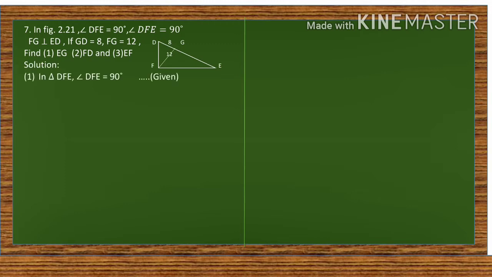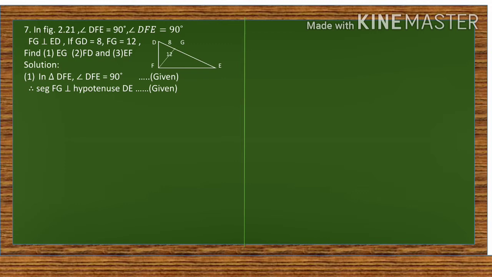Here in triangle DFE, angle F is equal to 90 degrees. This is given. And segment FG is perpendicular to hypotenuse DE. This is also given.